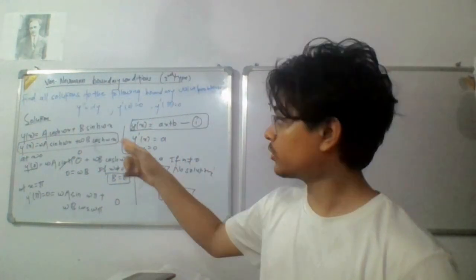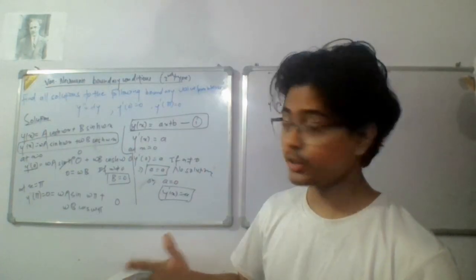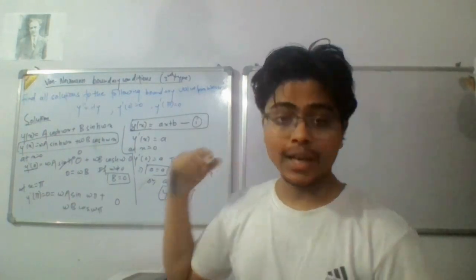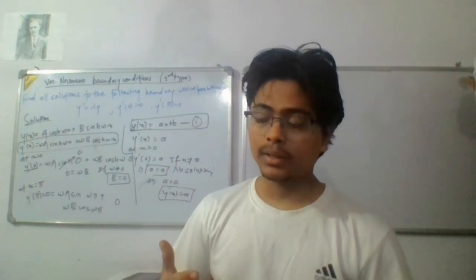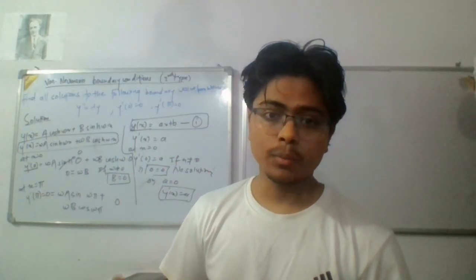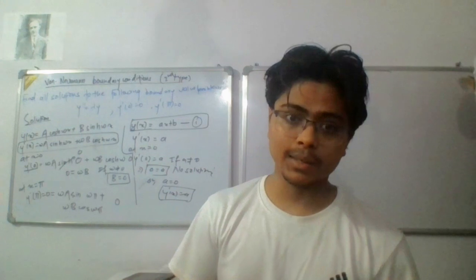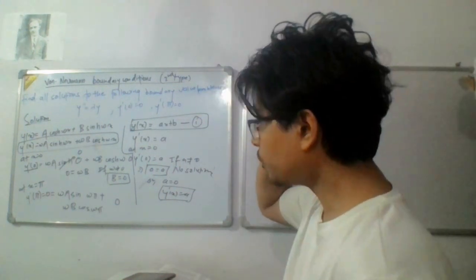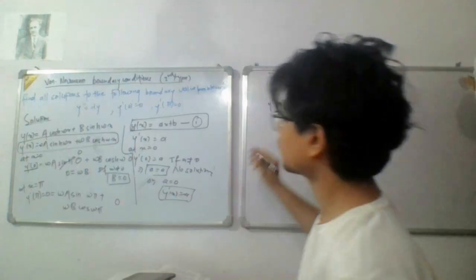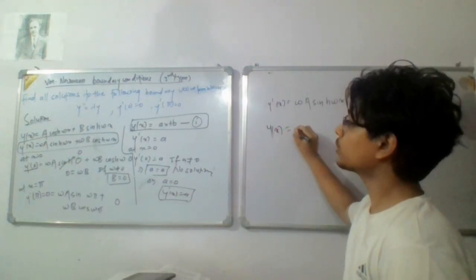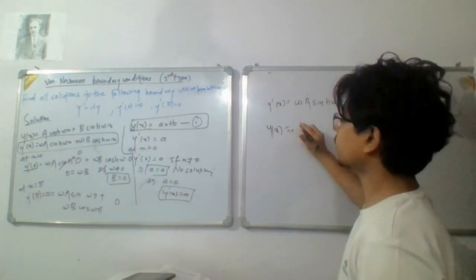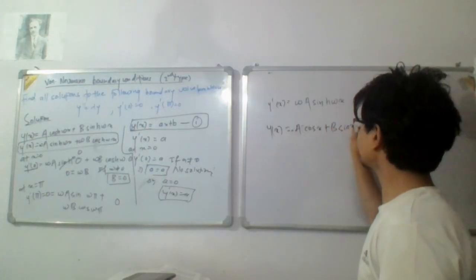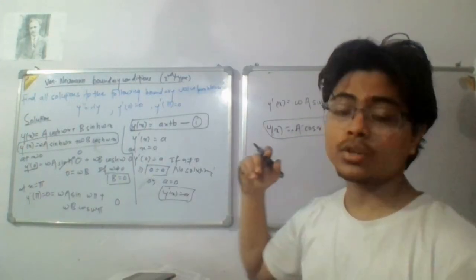After that, we considered lambda to have negative values, that means omega squared smaller than 0. When we do so, we get the solution y of x equals a cos of omega x plus b sin of omega x. Right, now these three are the solutions of the differential equation.